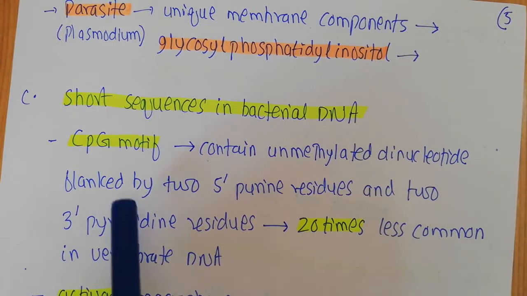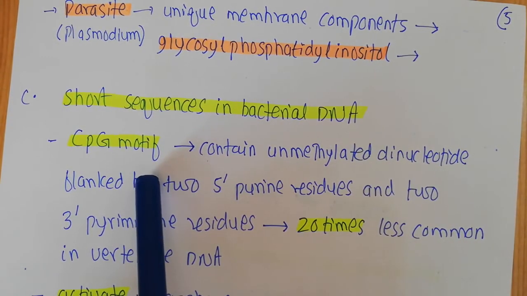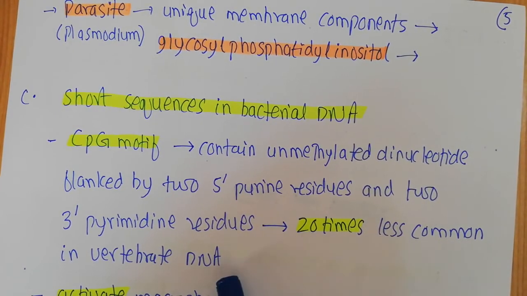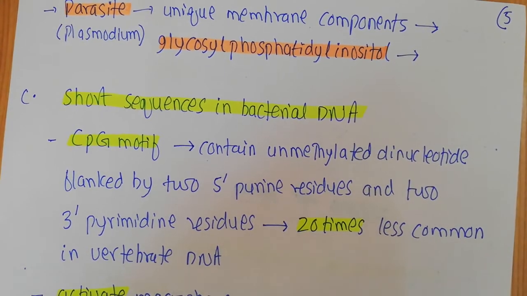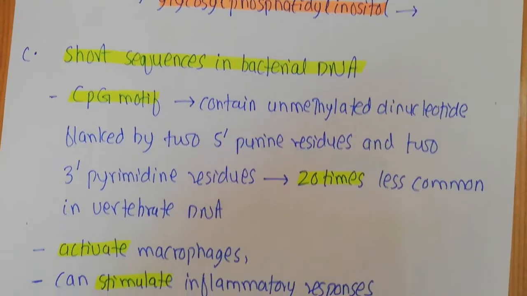Now, the important thing is that this CpG motif, the unmethylated dinucleotide, is actually 20 times less common in vertebrate DNA. So this CpG motif in the bacterial DNA will be working as a PAIS, the pathogen associated immunostimulant, and the immune system will be using this CpG motif to recognize the bacterial pathogens.